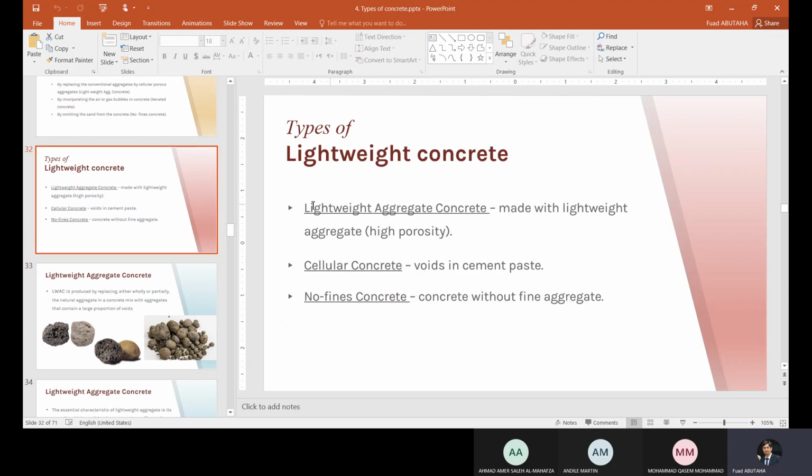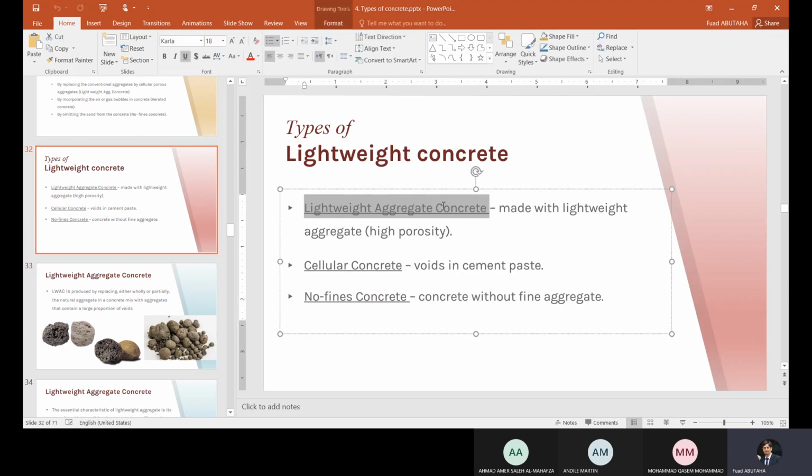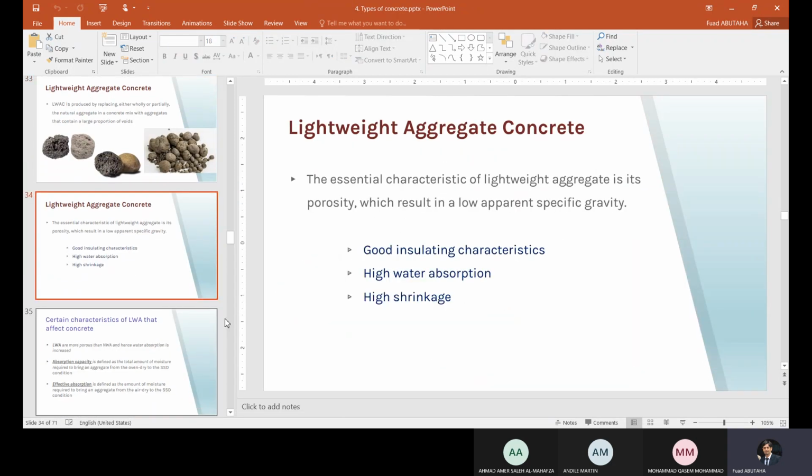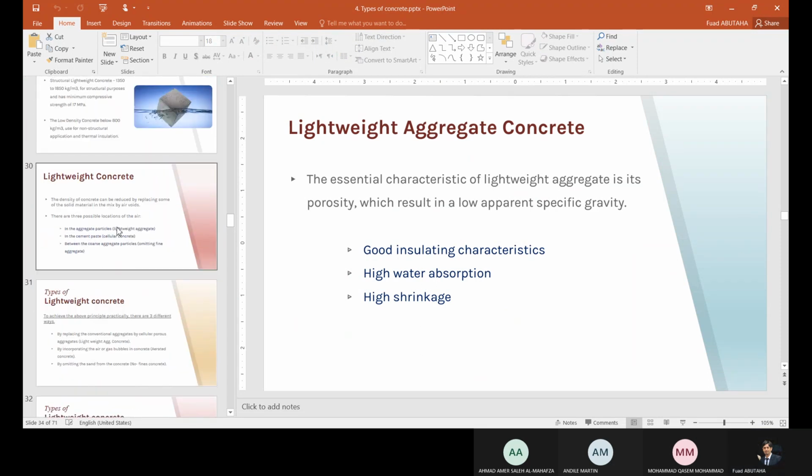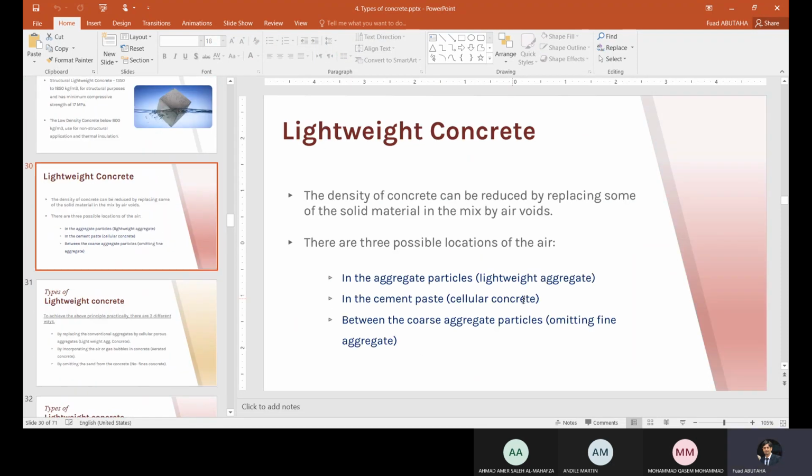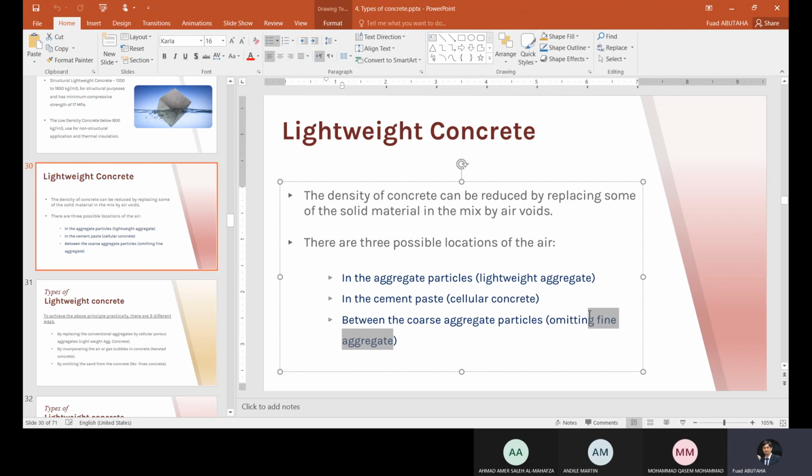So the first method is by producing lightweight concrete using lightweight aggregate. The second one is by not using fine aggregate. We don't use sand in the mix.